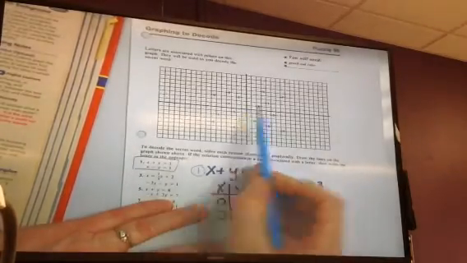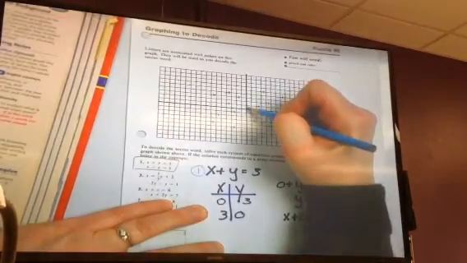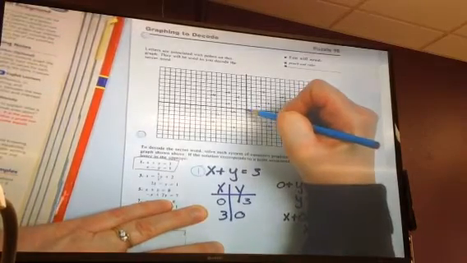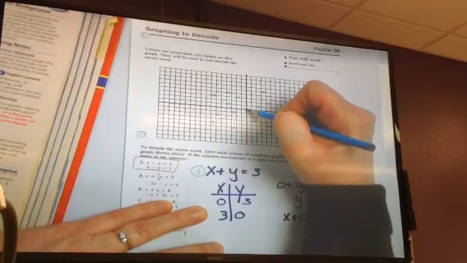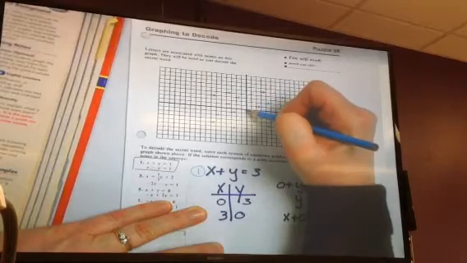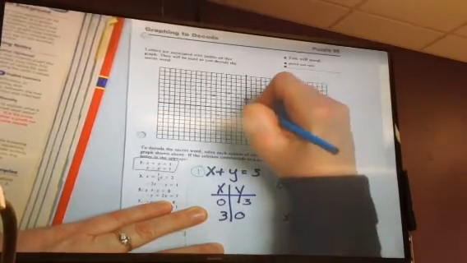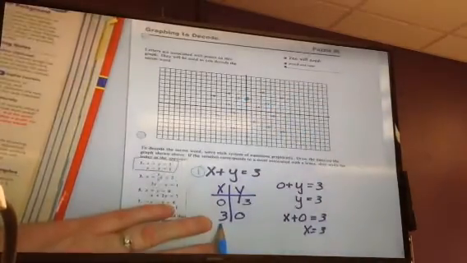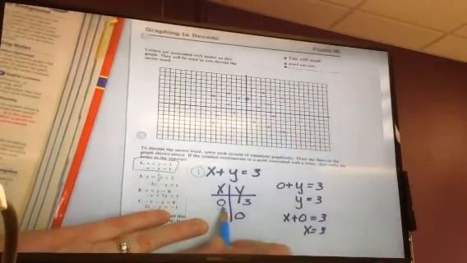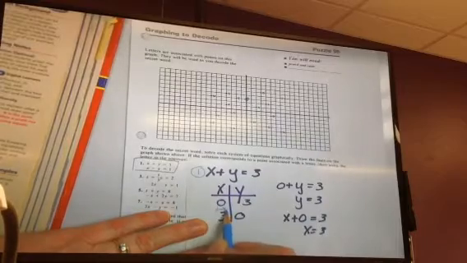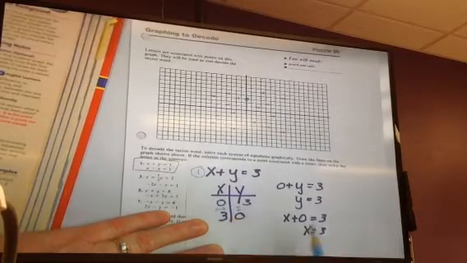So 0, 3 would end up right here. Remember, our first movement's back and forth. Since it's 0, we don't have to move back and forth. Our next movement is up and down. It's a positive 3, so I move up. 1, 2, 3. So there's our first point. Our second point's 3, 0. So our first movement's back and forth, right? It's our x movement and our y movement, up and down.